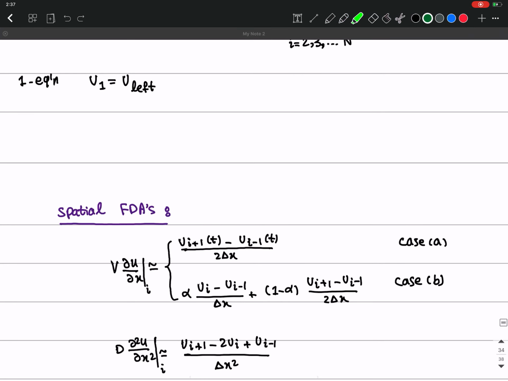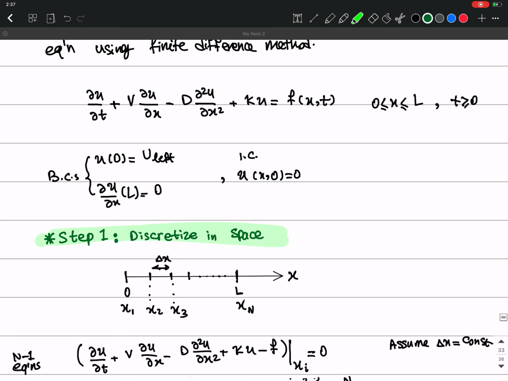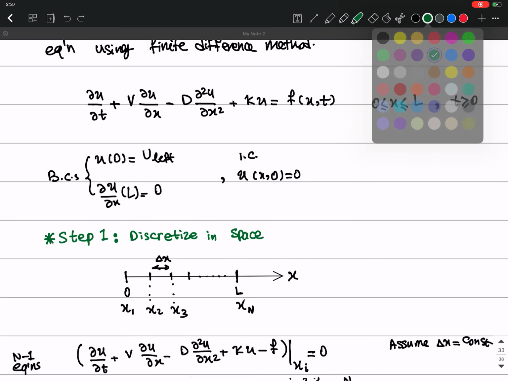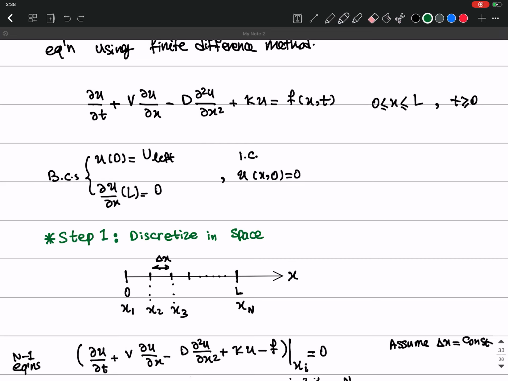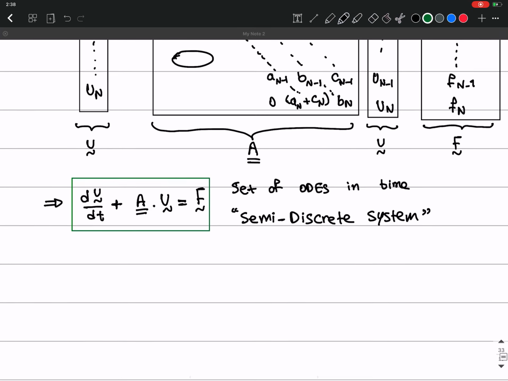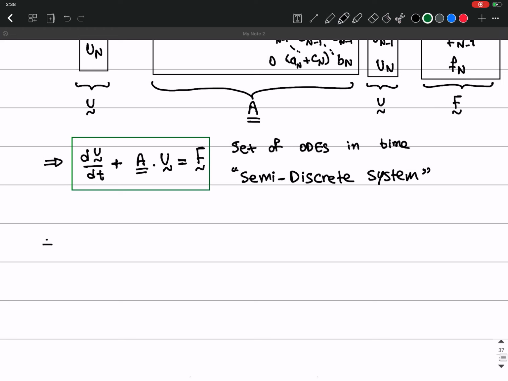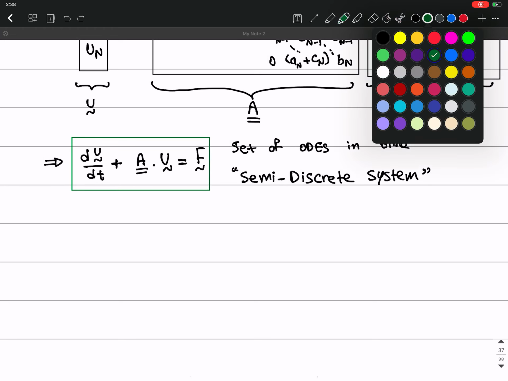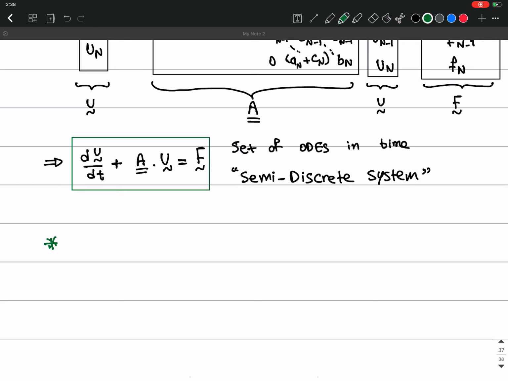So if you remember, the first step was discretize in space, right? And then the next step is gonna be discretize in time. So I have it here. The next step is step 2, discretize in time.